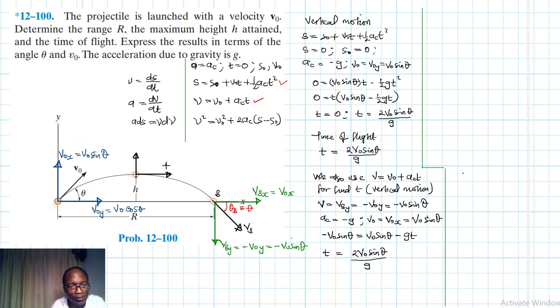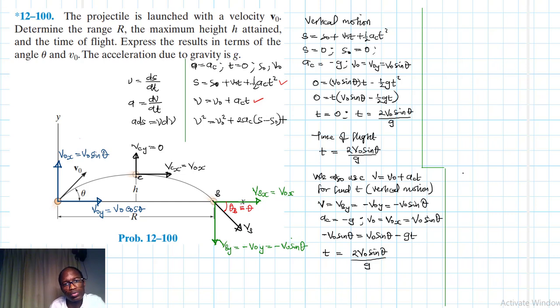At this point, let's call this point C. We call this v_Cx, which is equal to v naught x, and then v_Cy is going to be equal to 0 at this point. All right, so we want to find h.